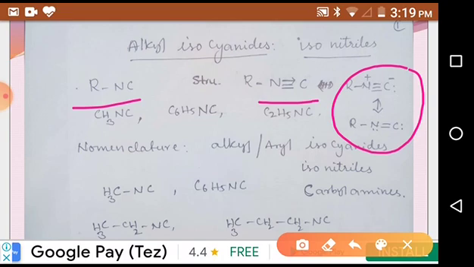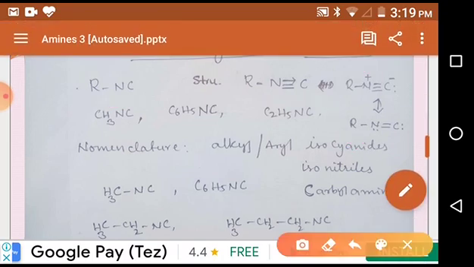Coming to the nomenclature, these isocyanides are also called carbylamines or isonitriles.